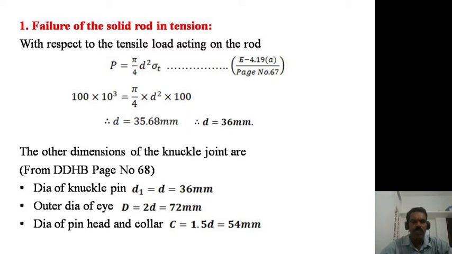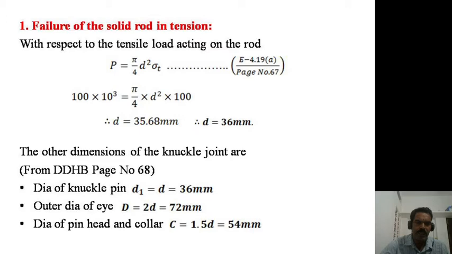Next, outer diameter of the eye, that is capital D. Capital D is equal to the empirical formula which is already available in DDHB, as I explained in the last problem and the design procedure of knuckle joint. Therefore capital D is equal to 2d. We have already calculated the d value, therefore 2 into 36 you will get 72 mm.